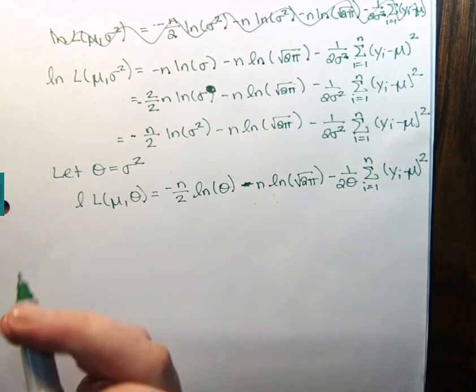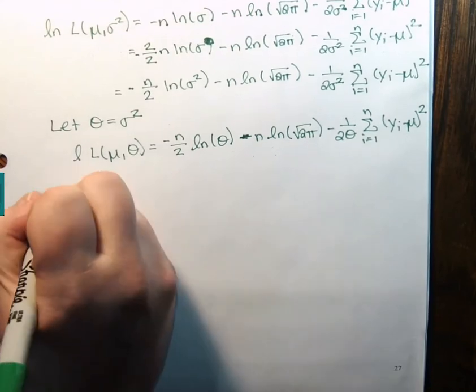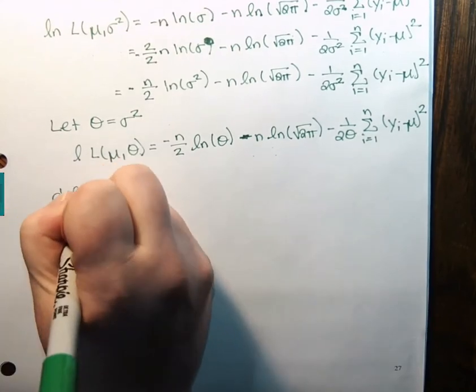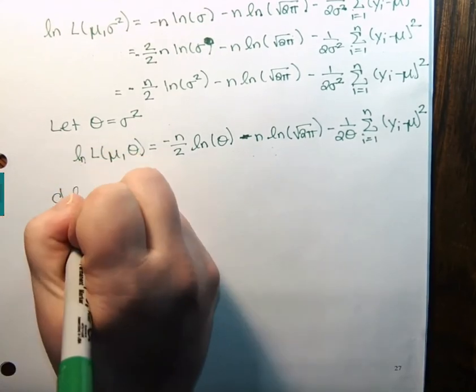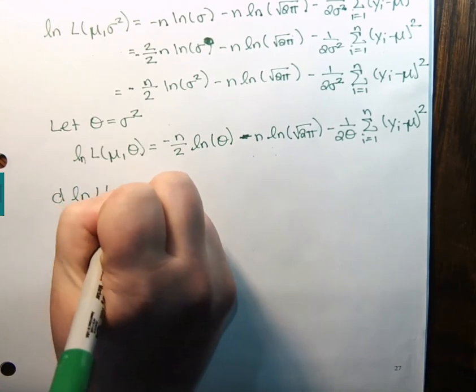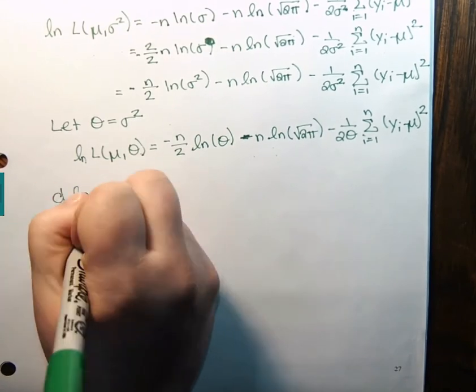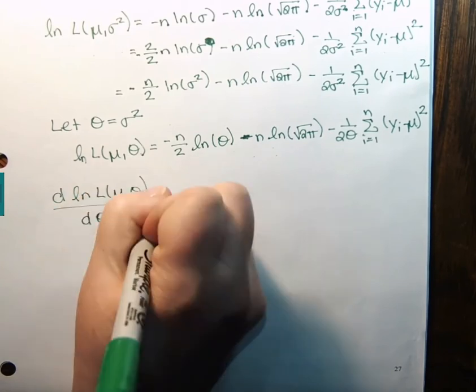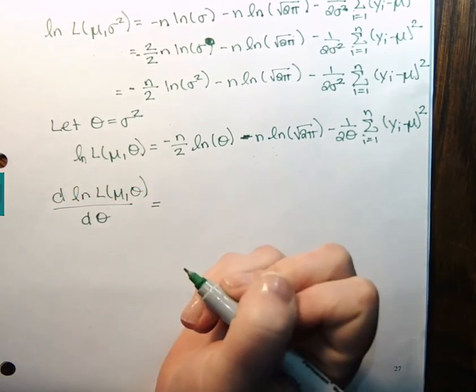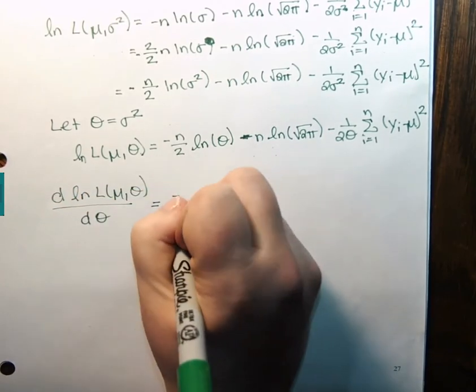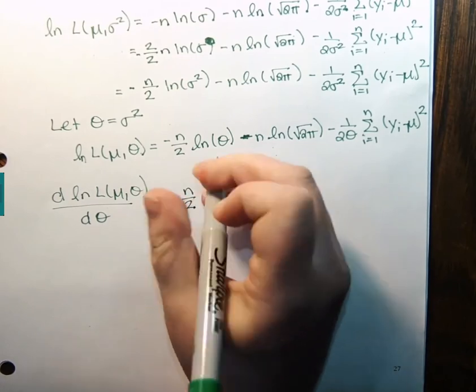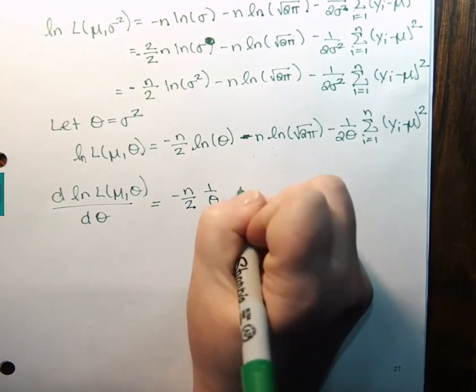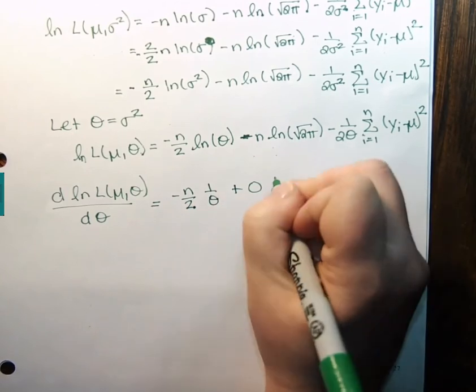Then next what we can do is take the derivative of the log likelihood of mu, theta with respect to theta. And that's going to give us the following. We're going to have minus n over 2 times 1 over theta. That's just going to be 0.